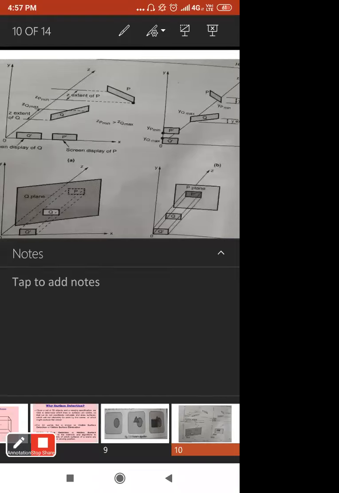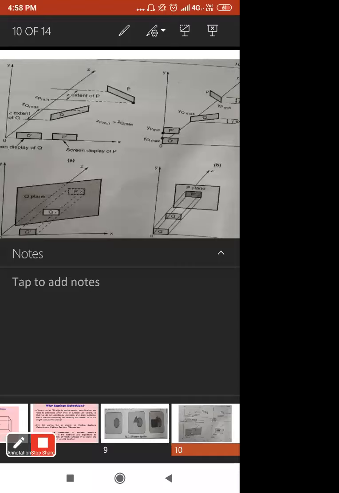Similarly, we check the X extents and Y extents also. If at each axis their coordinates are not overlapping each other, then both P and Q are visible to you.